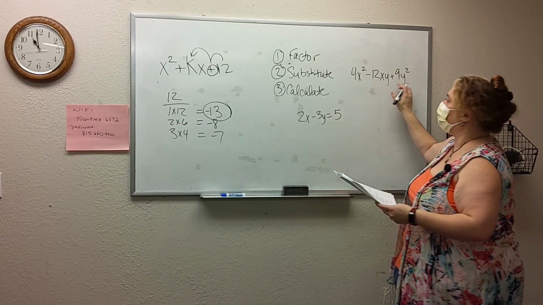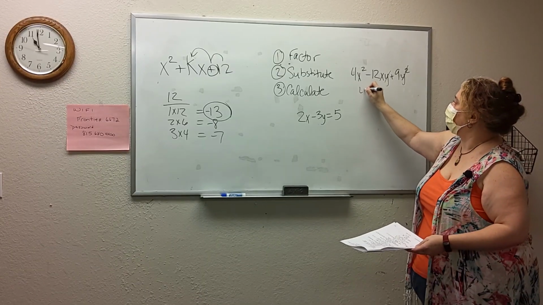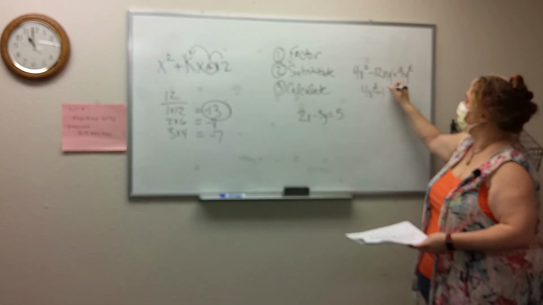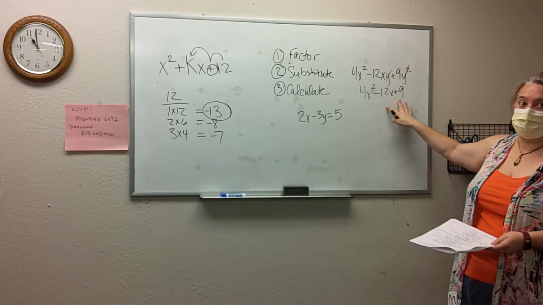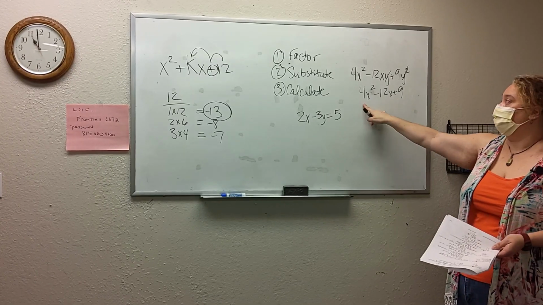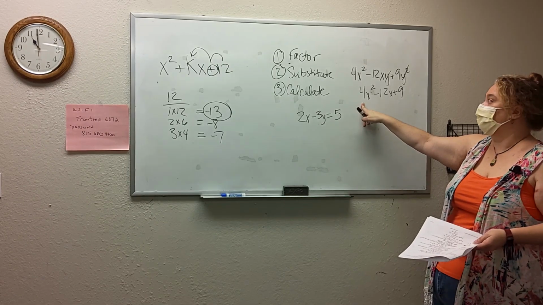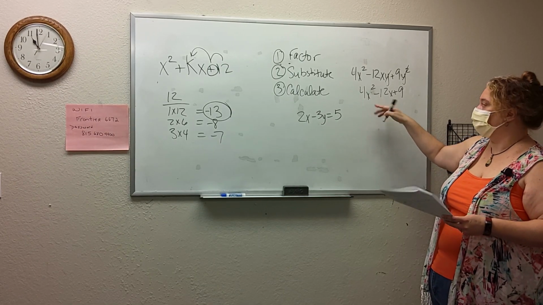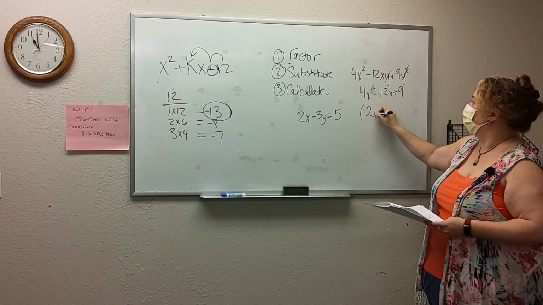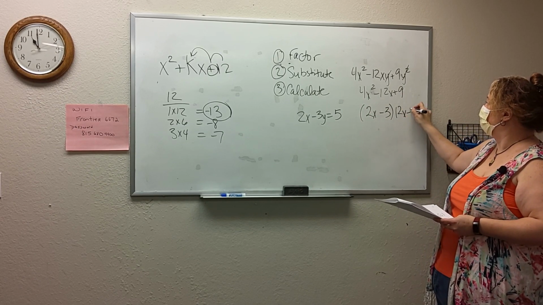Okay, so here we've got 2 letters, so I would drop the y's and put them back on later. So I would just have this to factor. This is going to require either, again, you got a number for your square term, so that's going to require either AC method or box method. So to save time, I'm going to tell you that this factors into 2x minus 3 times 2x minus 3.